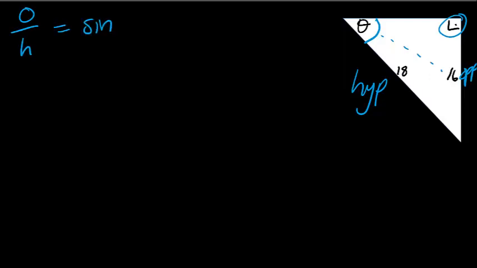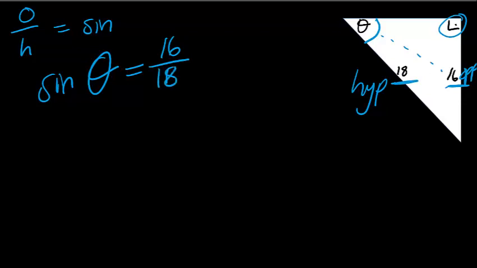Opposite the 90 degrees, I have hypotenuse. Opposite theta, I have opposite. So I have opposite over hypotenuse, which is sine. So sine of theta is equal to opposite 16 over hypotenuse 18.